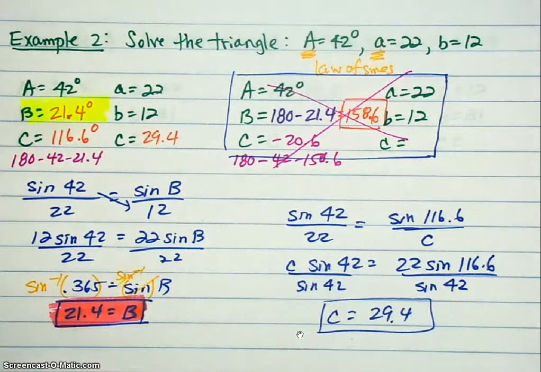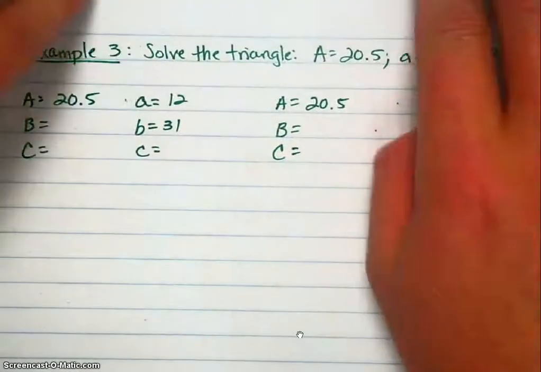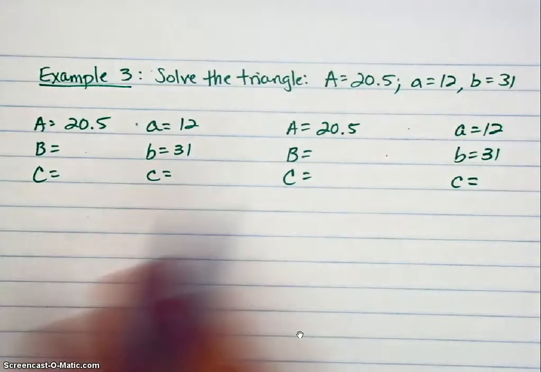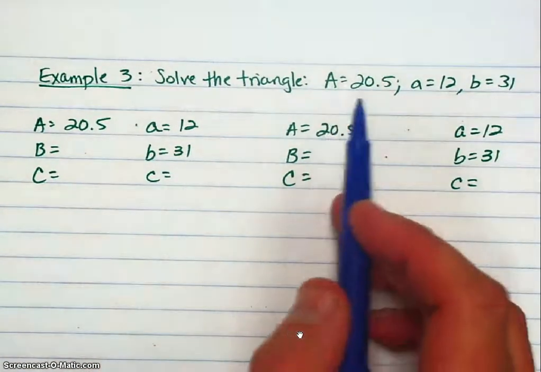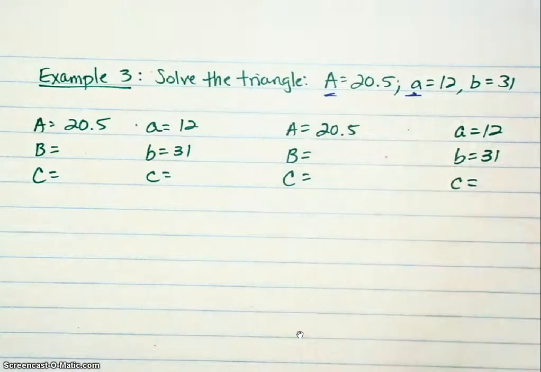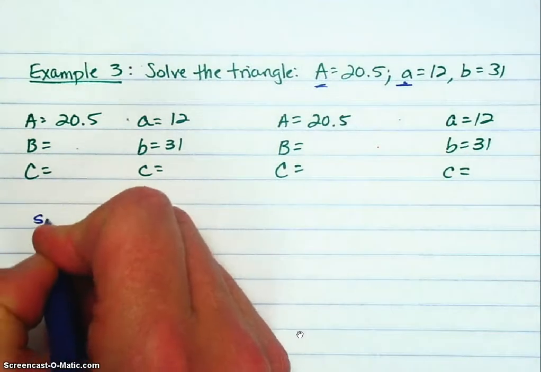So that's that. All right, so let's do one more here. I'm going to go through this one pretty quick, because it's just the same thing that we've been doing. Again, A, B, C, we got two letters that are the same here. We got two sides. We're going to have to use the law of sines here.